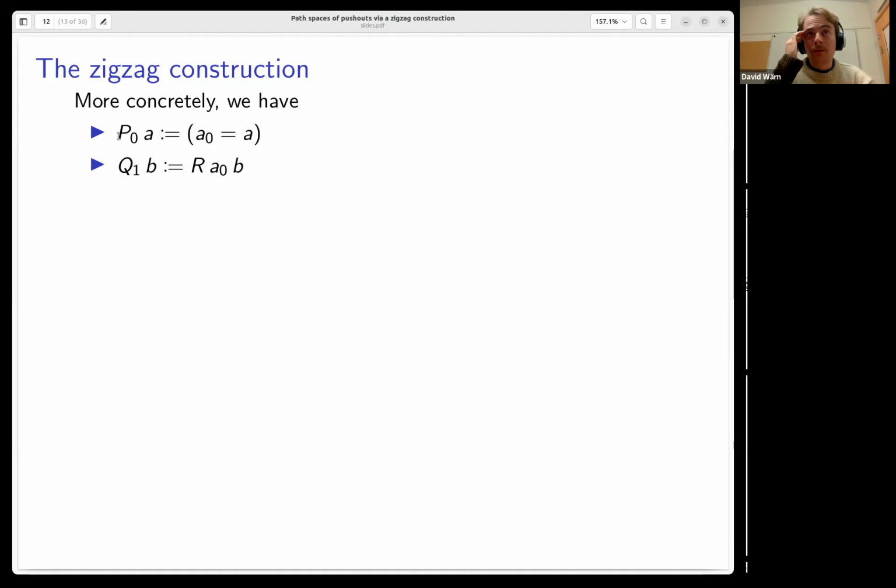And there's one from A0 to A, well, only if A0 equals A. So this is just the identity type, A0 equals A in the type A that we started with. Similarly, Q1B is paths from A0 to B of length at most 1, and there's just one such thing for each generating path. So this is just the witnesses that A0 and B are related by our relation R.